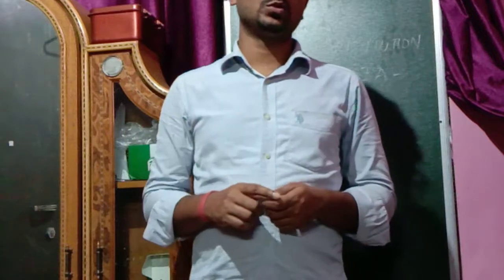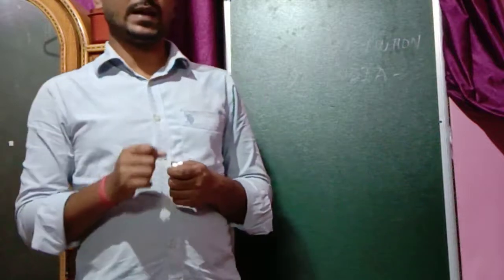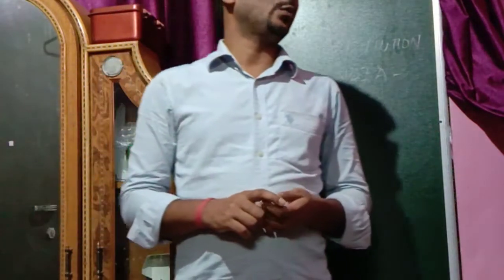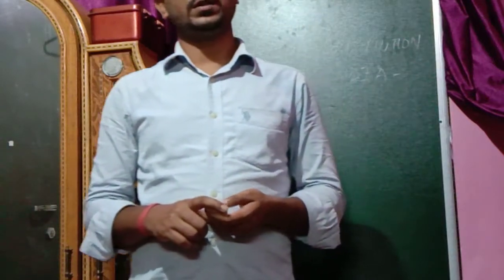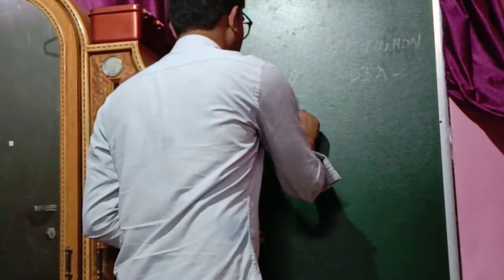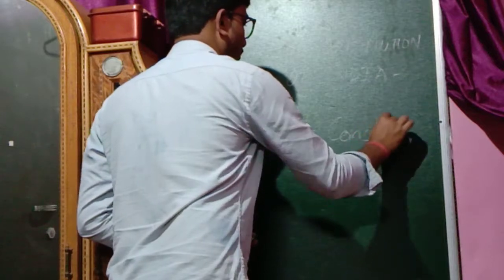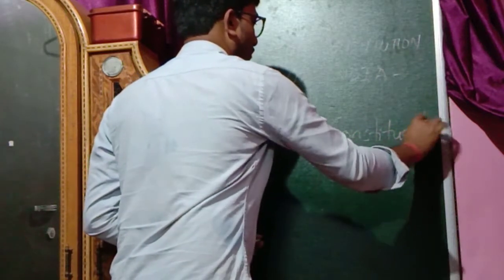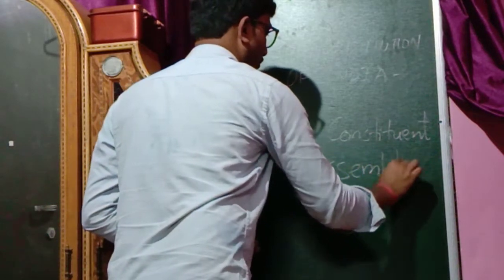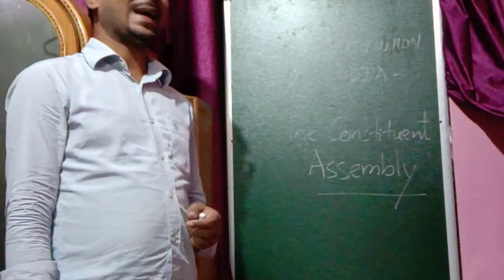So they thought to formulate a constitution, and that was the time the constitution was drafted in India. When the constitution was drafted, an important committee was made, which was known as the Constituent Assembly.